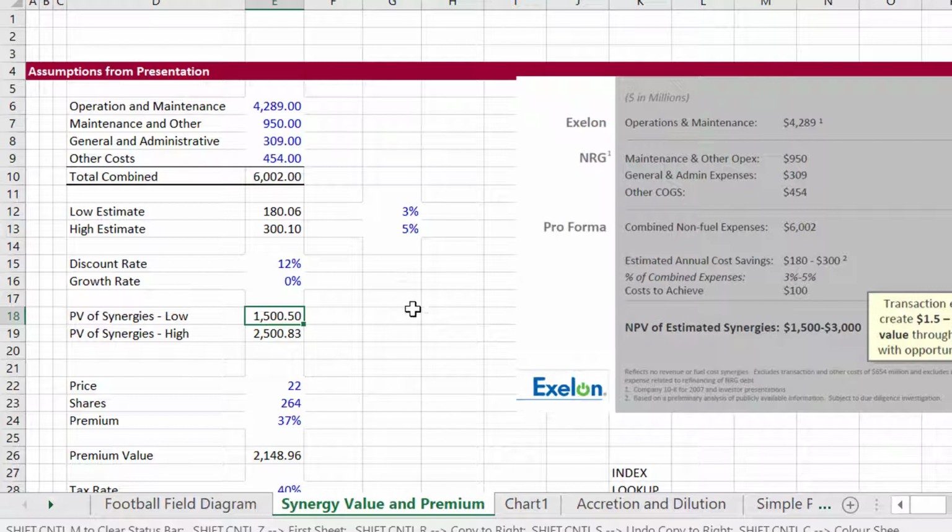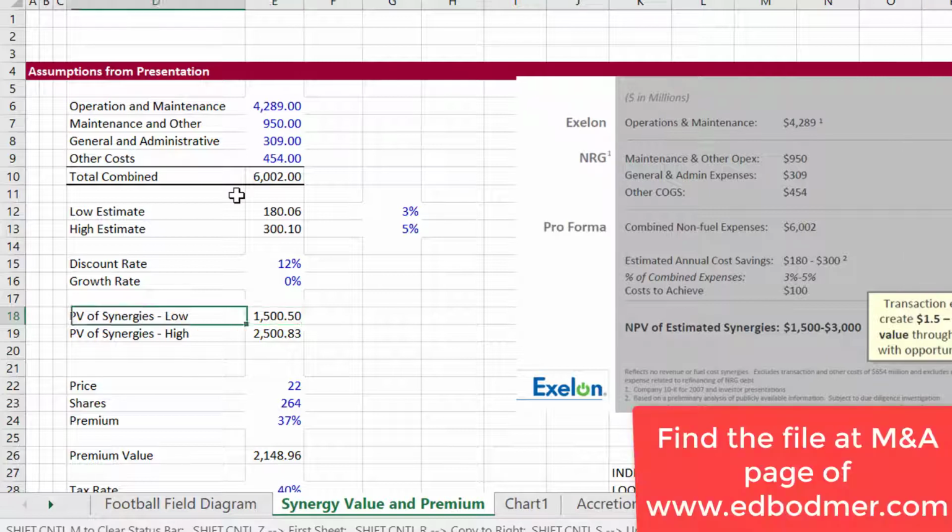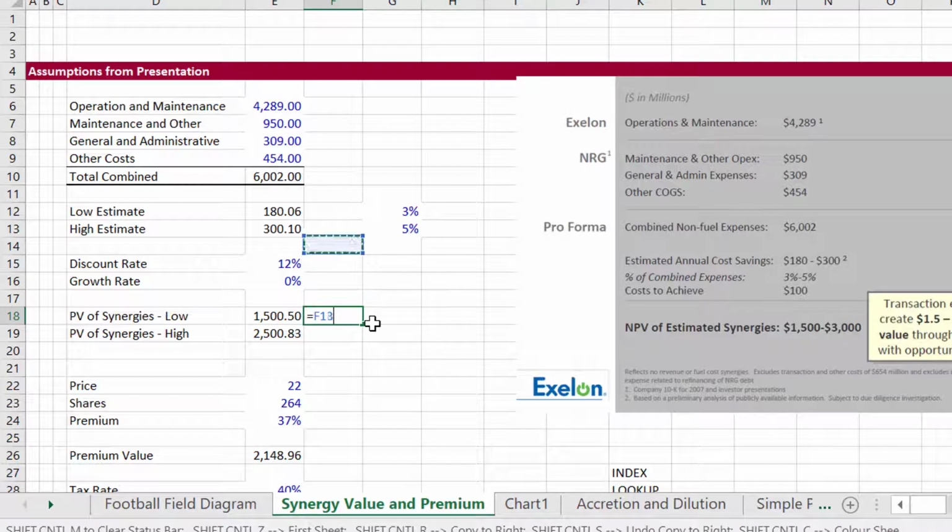So they're taking this number and dividing it by 12%.